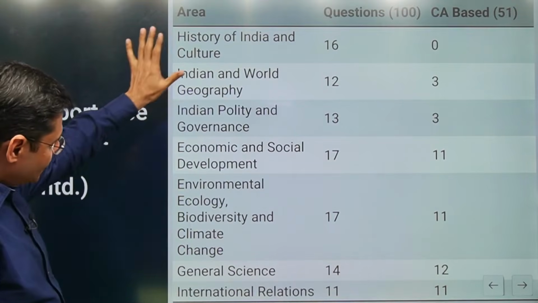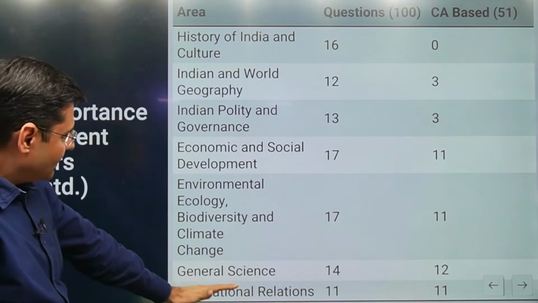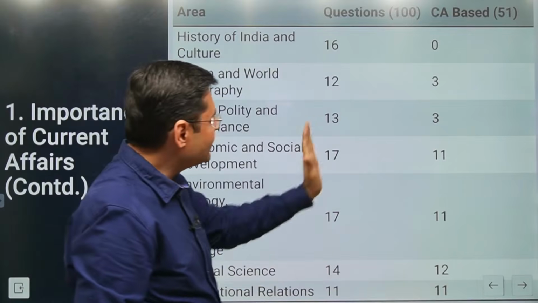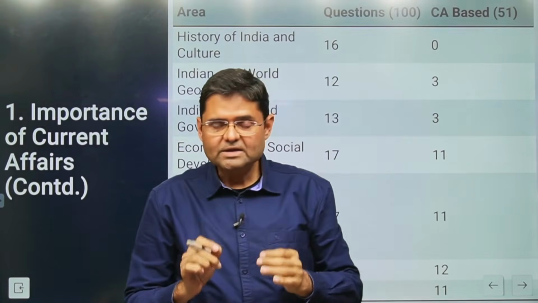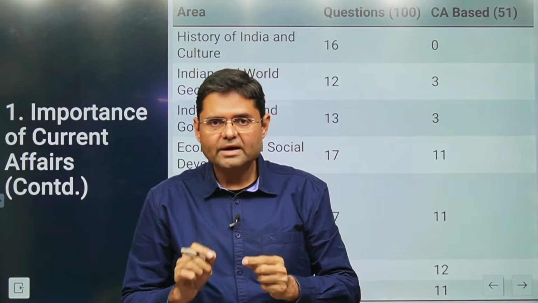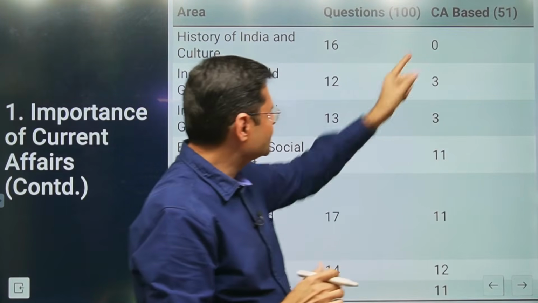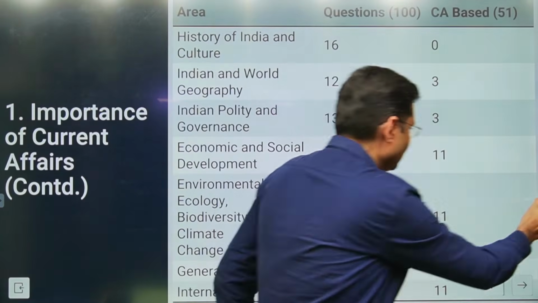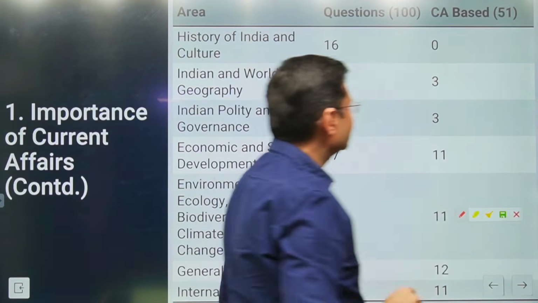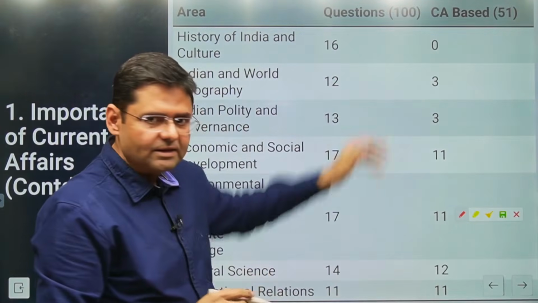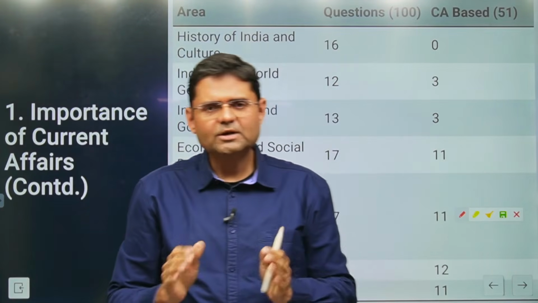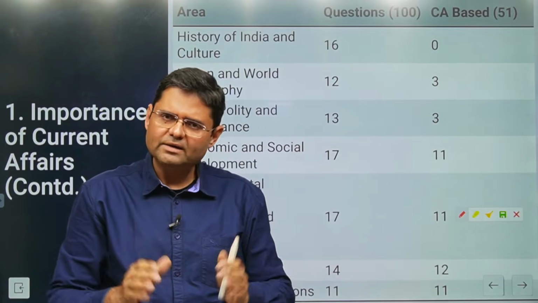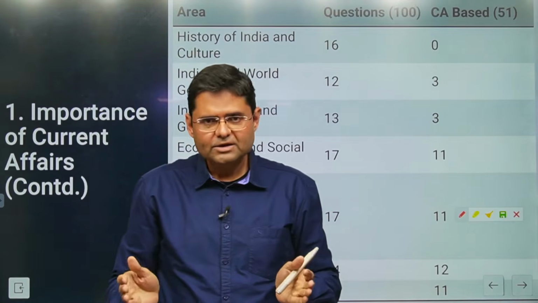Well, the same analysis, but in the right column, how many questions were asked which were linked to current affairs. So CA stands for current affairs. And how many such questions were there in the last year? I can go back even more in the past, but for the purpose of underlining my point, even 1 year's analysis is good enough.